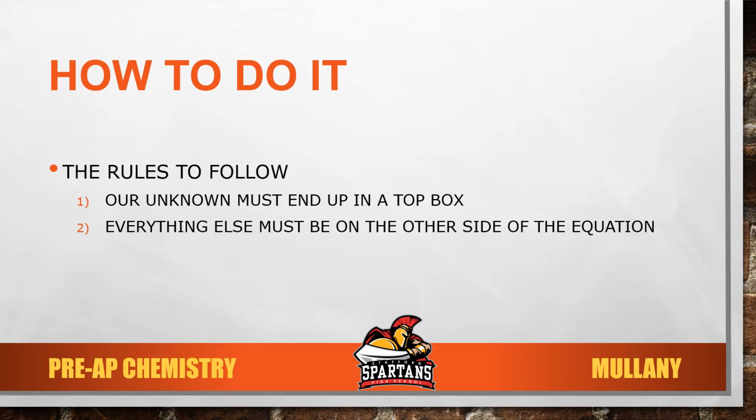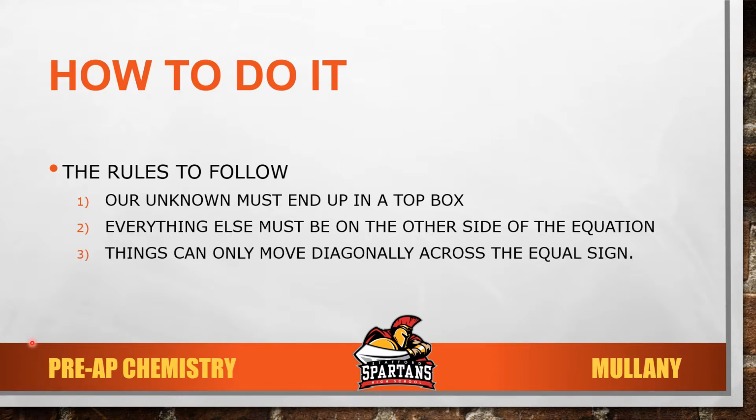Our goal is to have the unknown in a top box all alone and everything else on the other side. And then to make that happen, 3, the things can only move diagonally across the equal sign. So that's basically the rules.